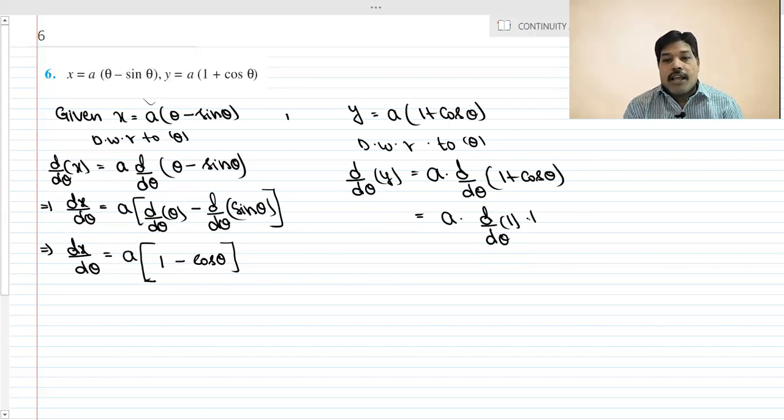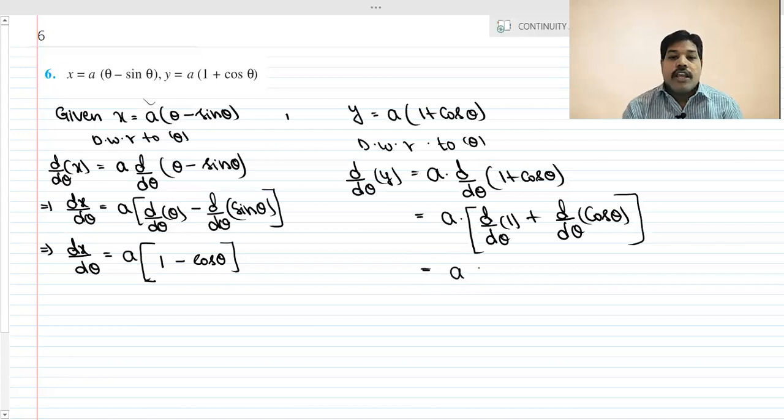So that is a into the derivative of 1 plus the derivative of cos theta. What happens, students? The derivative of 1 with respect to theta is a constant, so it becomes 0. And the derivative of cos is minus sin theta.